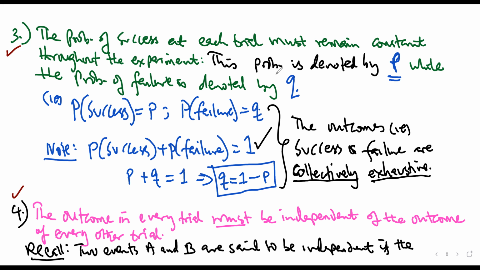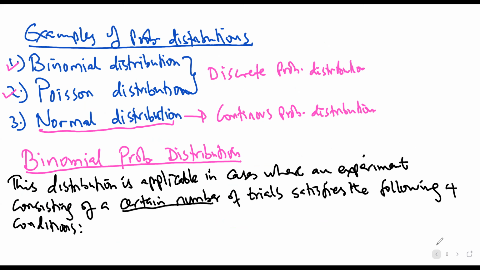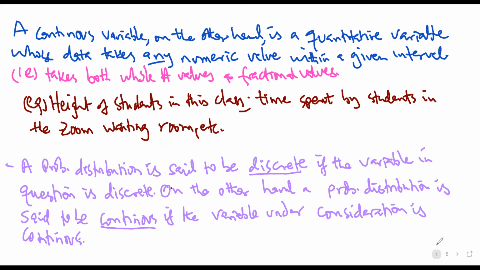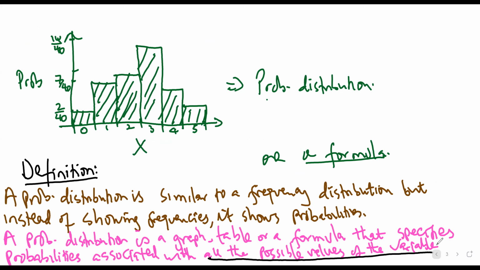But at this moment, I want us to try and derive the formula that is used for the binomial distribution. Remember, we said that a probability distribution is in the form of a table or a graph or a formula.